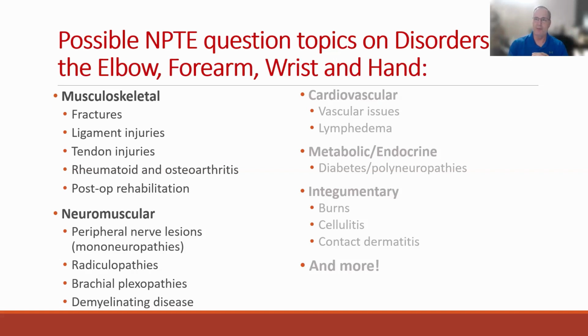And I mentioned a little bit earlier, so burns and disorders that involve the skin. But we'll focus on some of these topics that you see in the bolder font that is listed on the left side of the slide.